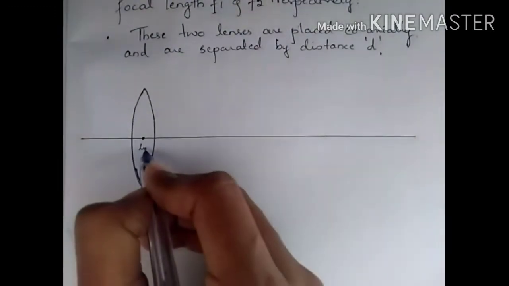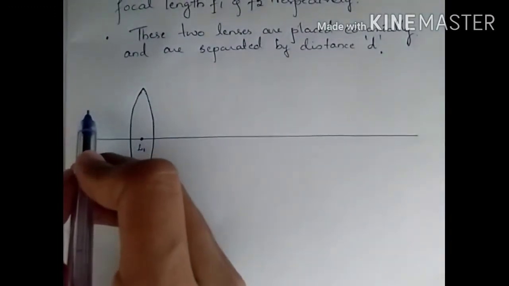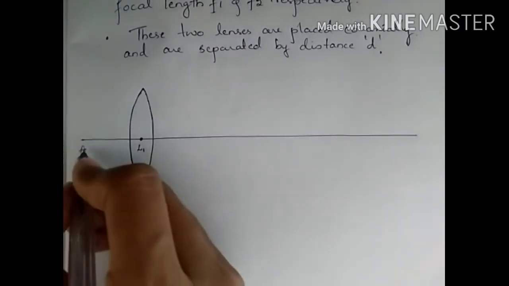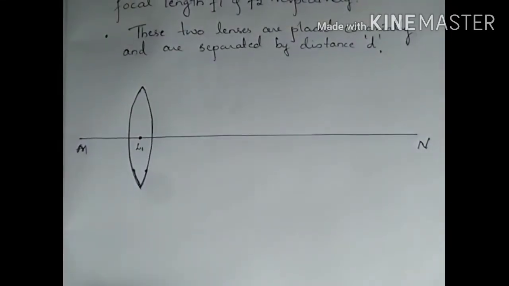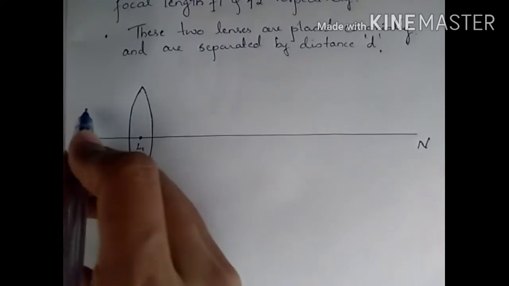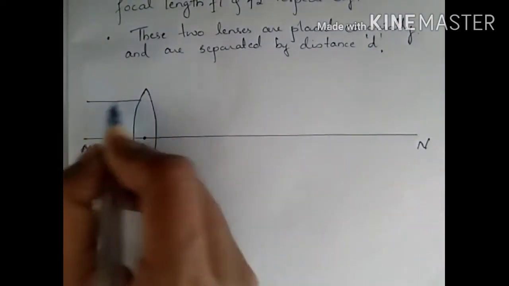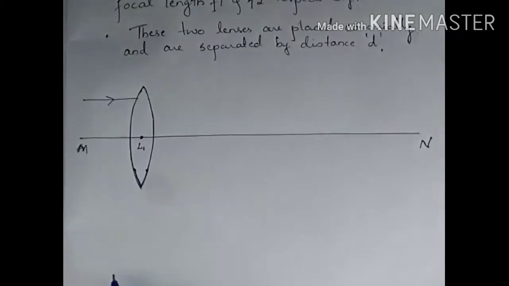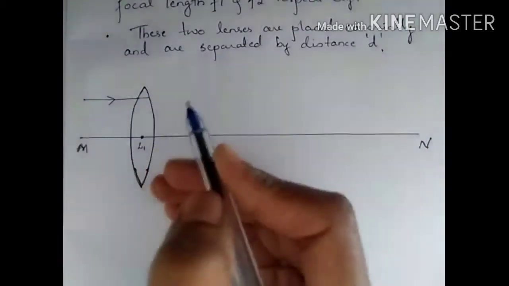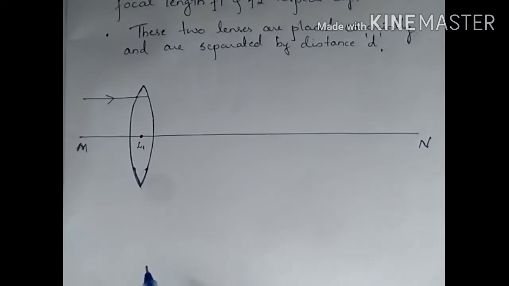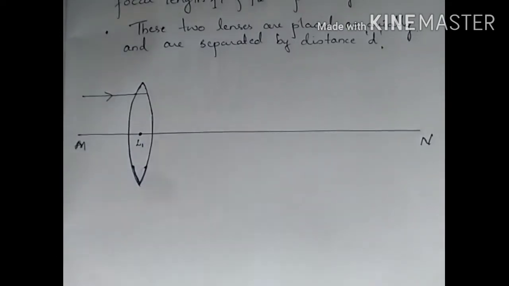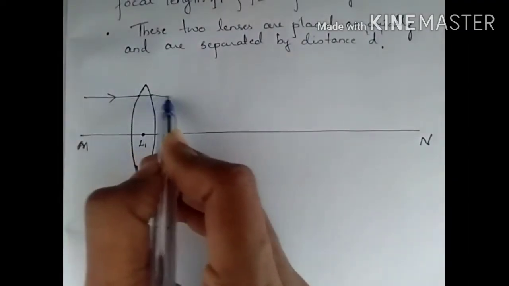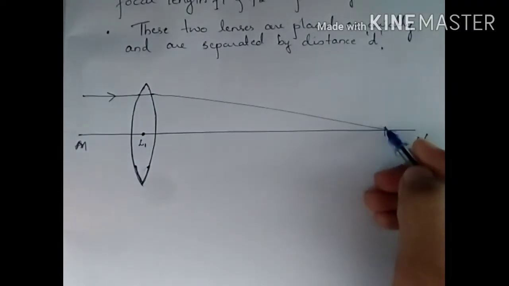So let this be lens L1, and let MN be the principal axis. Now let me incident a paraxial ray on lens 1. Then the incident ray after passing through the lens L1 gets refracted and forms an image. So this line after refraction falls here.